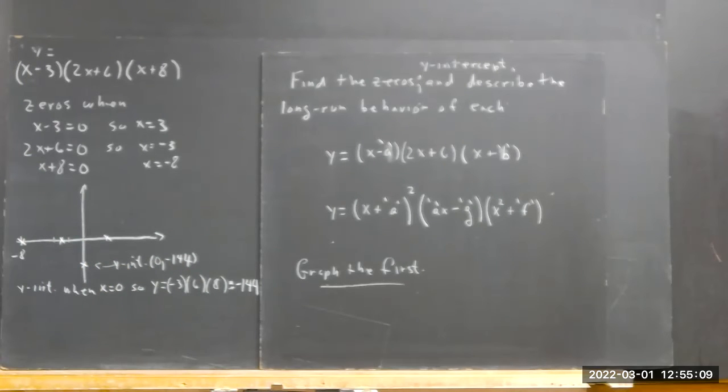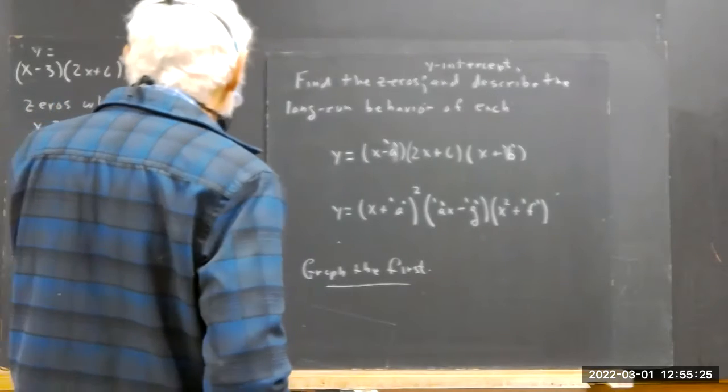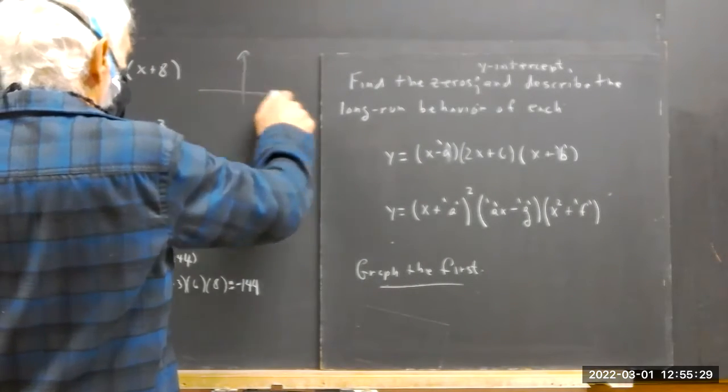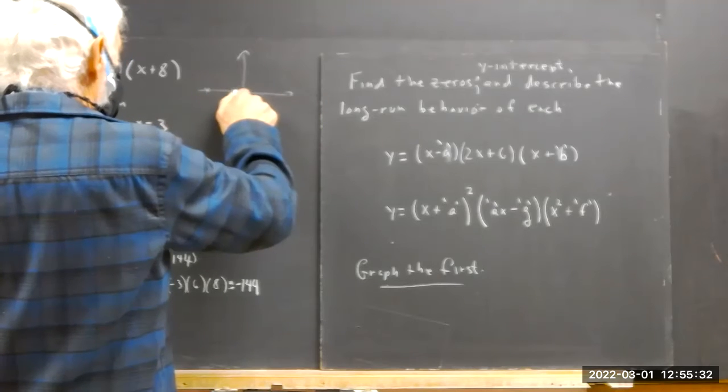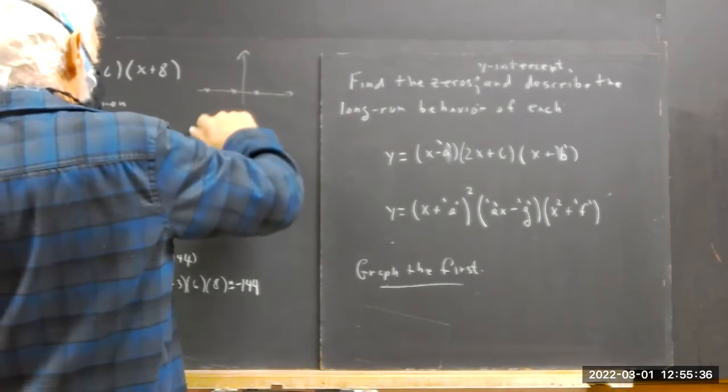And now, how do you draw a graph through these points? Well, the graph should look like this. Okay, well, let's look at some alternatives. Okay, the graph might look like this.